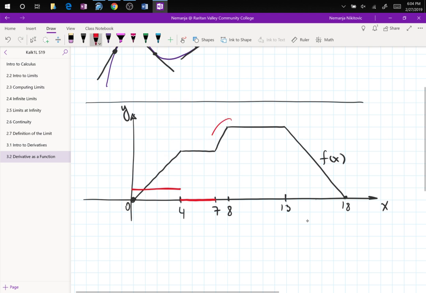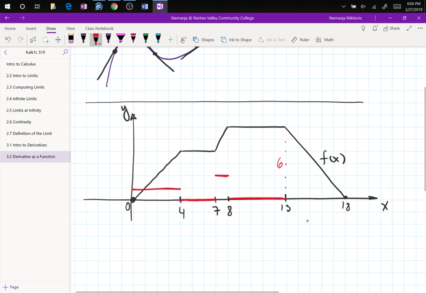What do I get to draw for this piece between 7 and 8? 2, because the slope is 2. How about 8 to 13, this piece? 0 again, very good. And then finally, what do I have here? Well, what's the height? 1, 2, 3, 4, 5, 6.